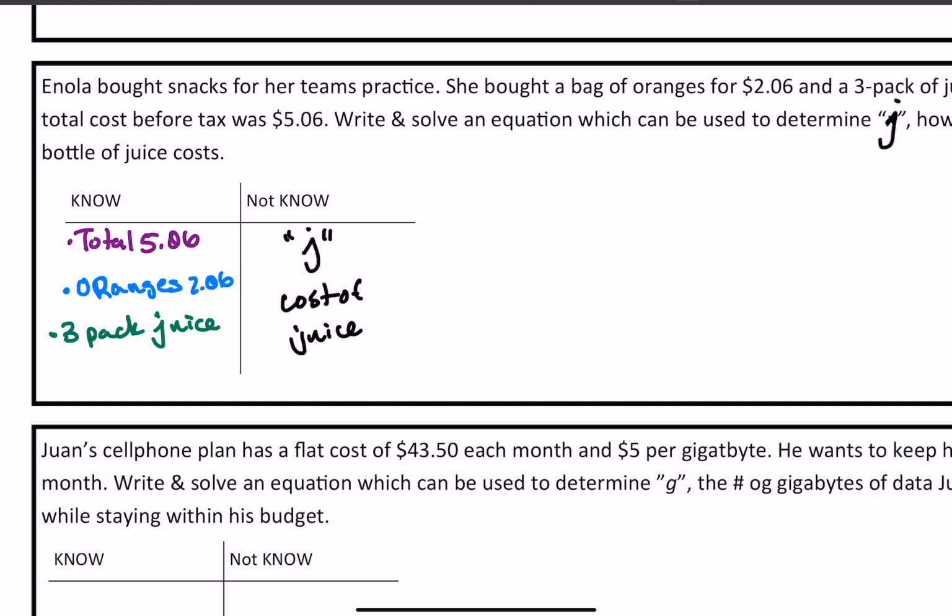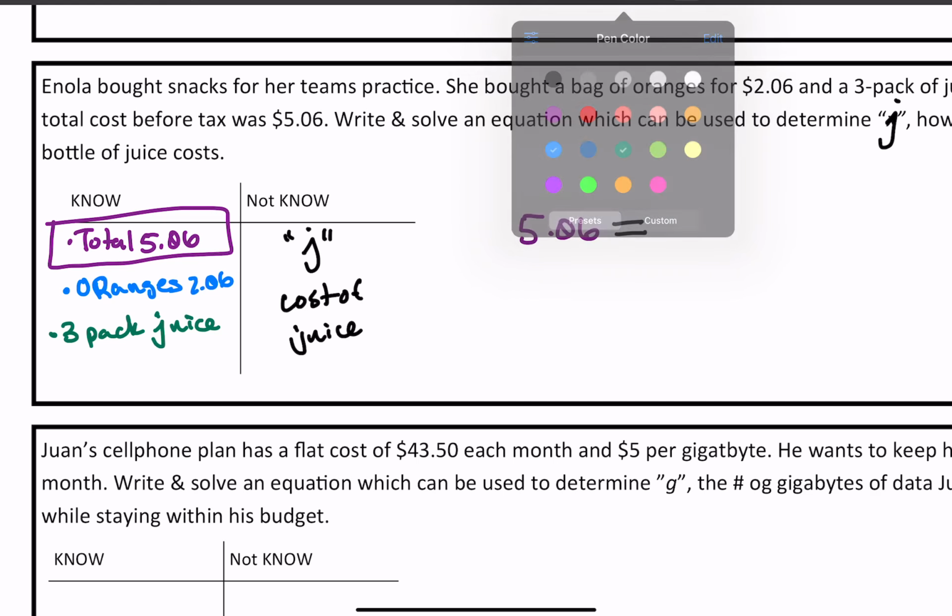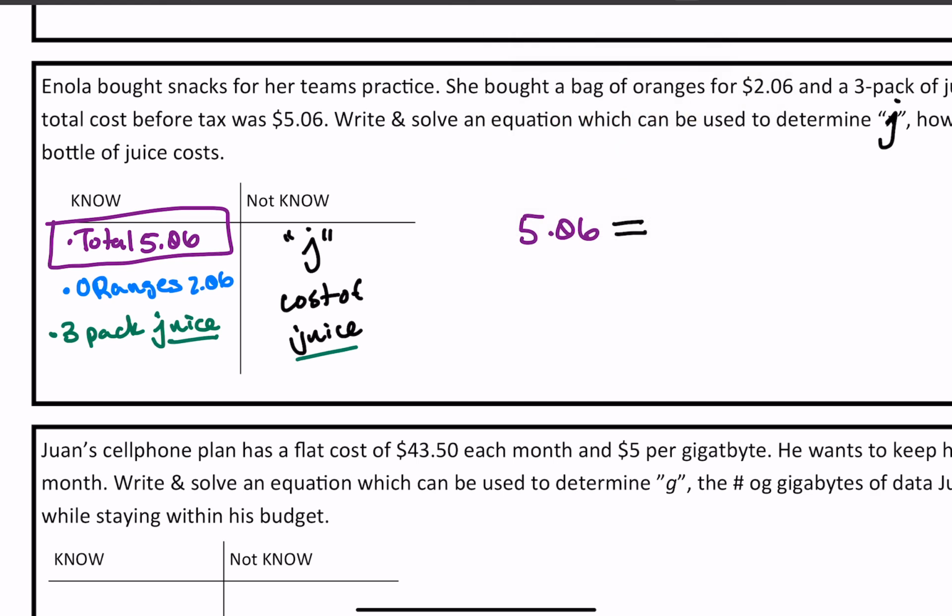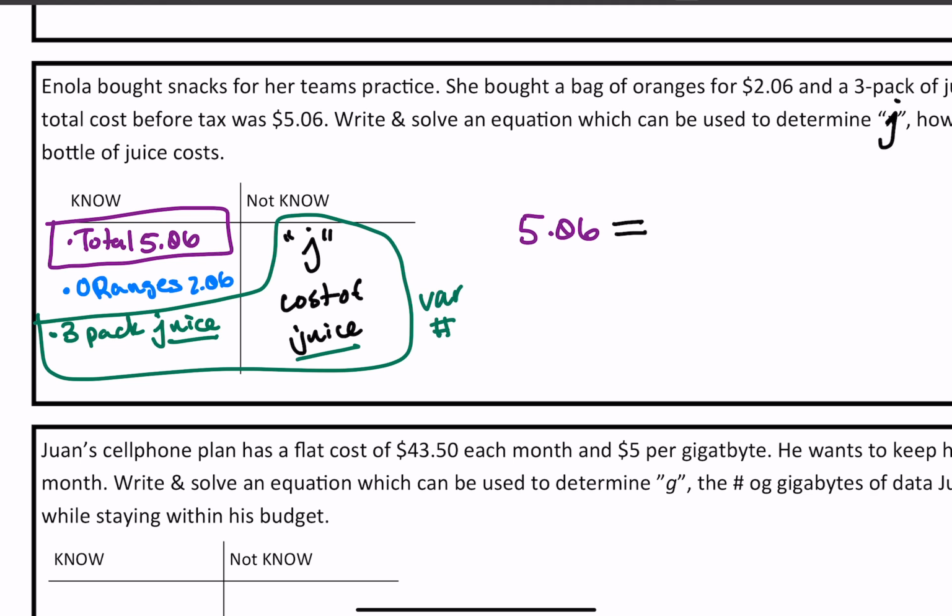Okay, so equation sign. This one's nice. It straight up tells you that 5.06 is the total. Told you. Then this talks about juice, this talks about juice. So these two things make the variable number, but it says a 3-pack of juice, so we have 3J.